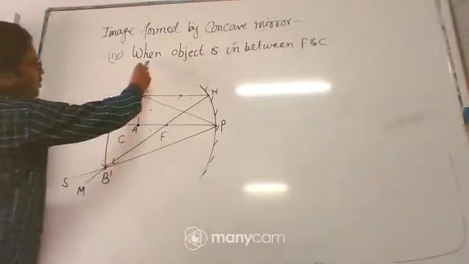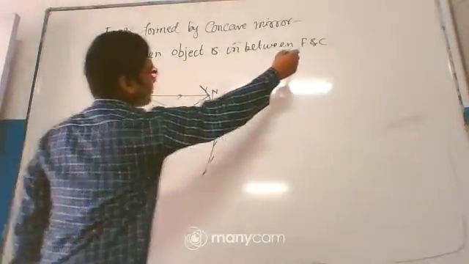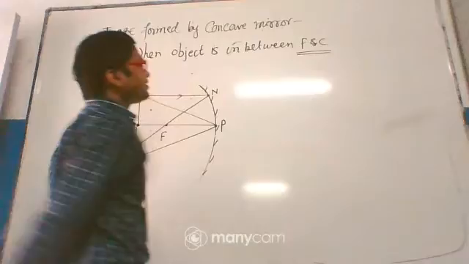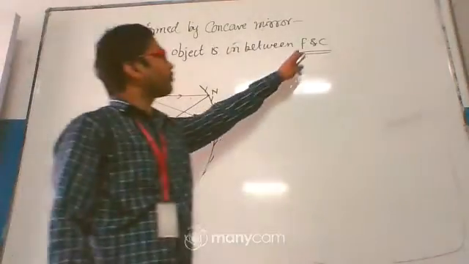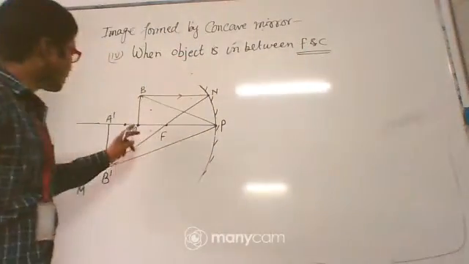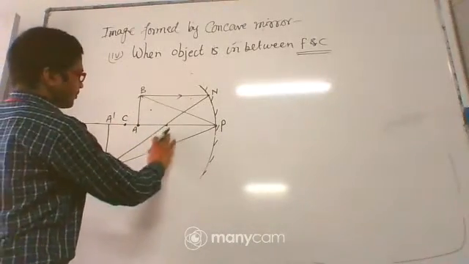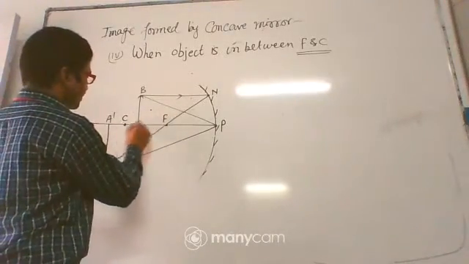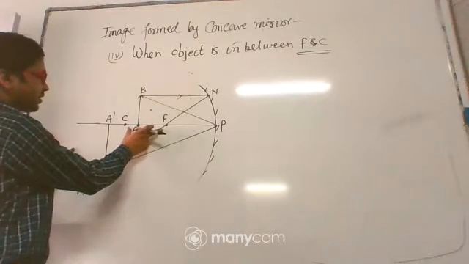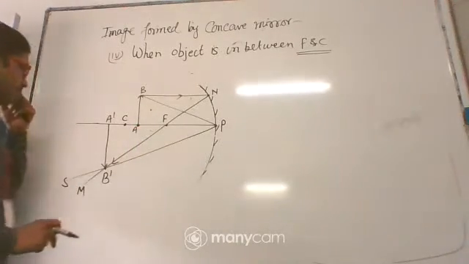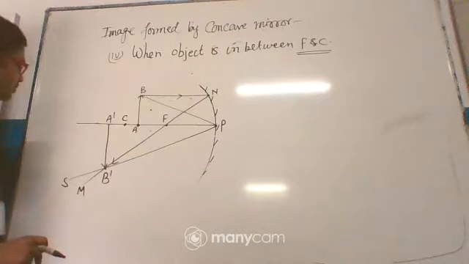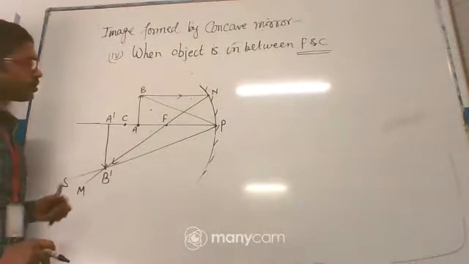The case is when the object is in between F and C, between the focus and the center of curvature. This is point C, this one is point F, and the object is between C and F. The final image is formed beyond C.